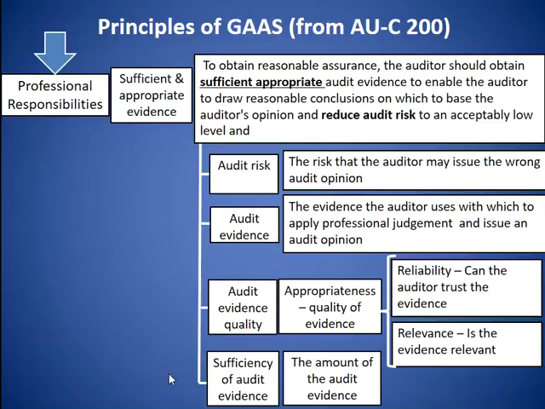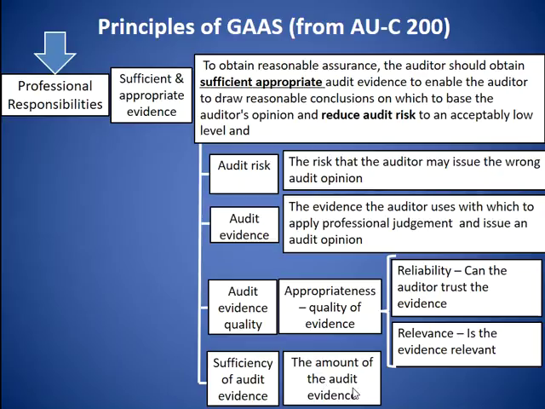Now, the other area in terms of sufficient appropriate is sufficiency of the audit evidence, and that basically is the amount of the audit evidence. Obviously, the more evidence supporting a particular objective or assertion, the better.